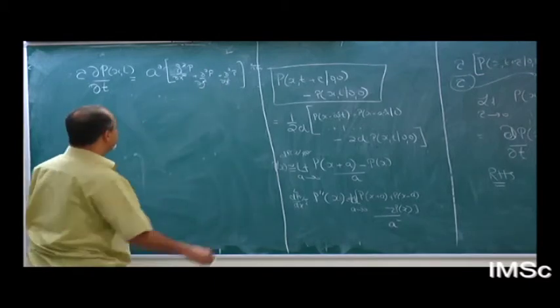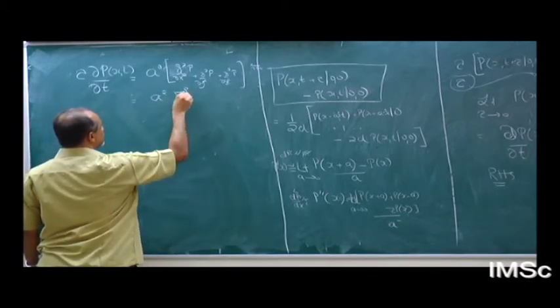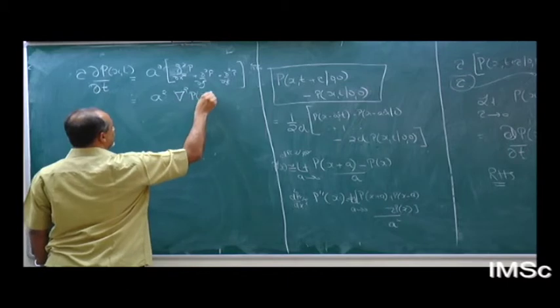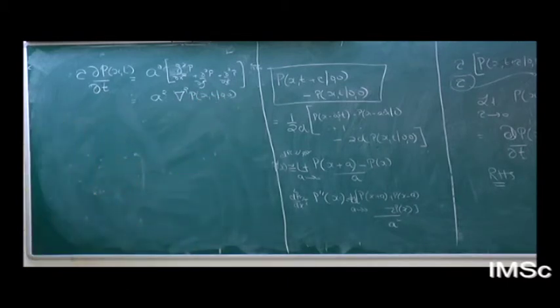Okay? This is often written in the form a squared times del squared of p of x comma t given 0, 0. That's exactly the definition.